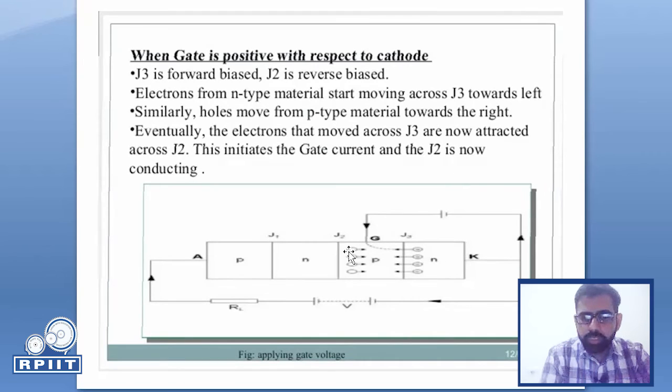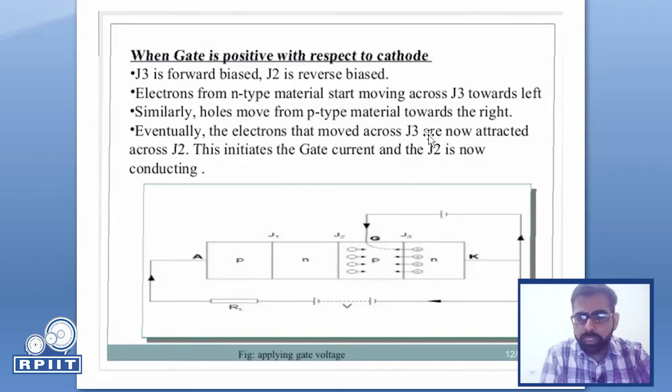So electrons will move from this position to this position. Similarly, holes move from the P-type material toward the right. So P is this point and N is this point. Our holes will move toward this point, and our electrons toward this point.